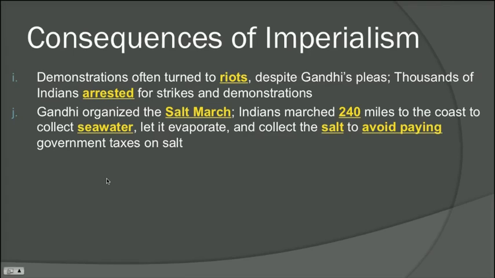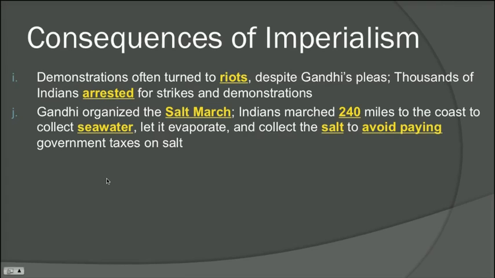And salt was a very important spice, not only for taste, but salt is used to preserve meat and other things like that. So salt, if you had a tax on salt and you didn't want to pay taxes to the British, you had to come up with your own salt. And so this became the way to do it here for Gandhi and the Indians.